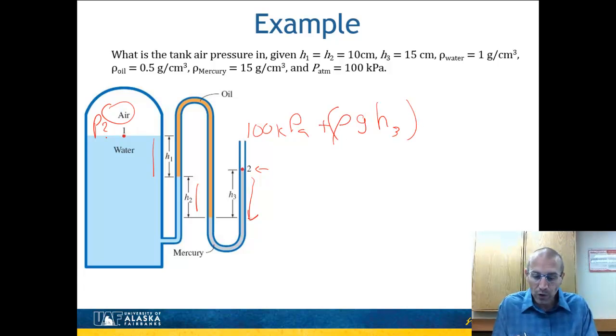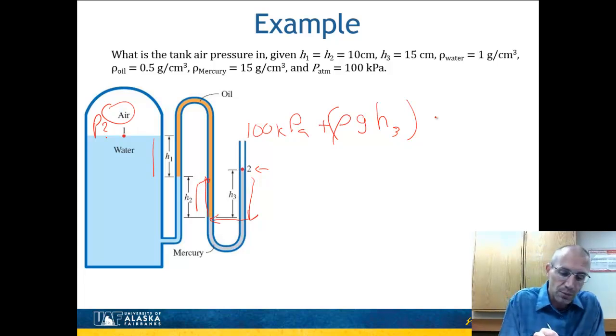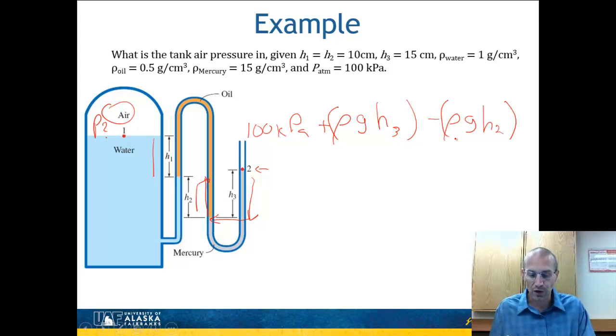Now, I can move across with no change in pressure, so we just imagine we transport ourselves right over to that interface right there. And now I'm going to swim upwards through the oil, which is going to give me a decrease in pressure. So I'm going to go minus the density, gravity, this is H2. And now I can swim right across over here into the water.